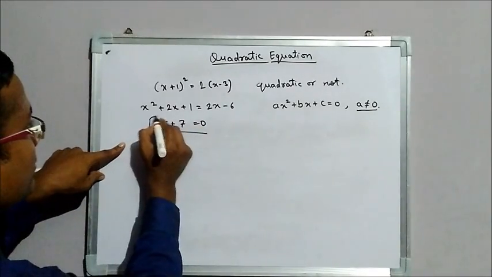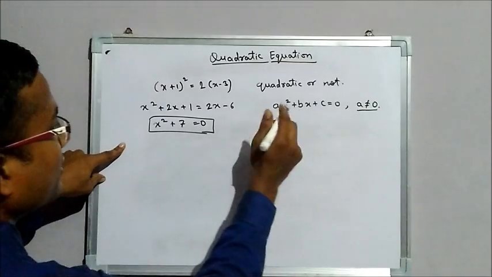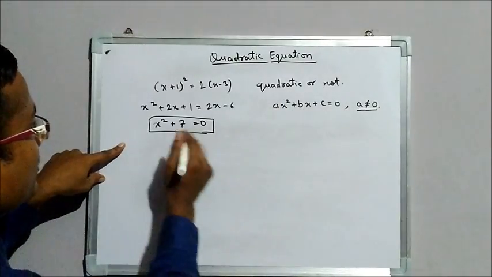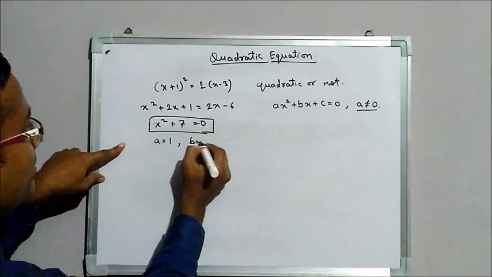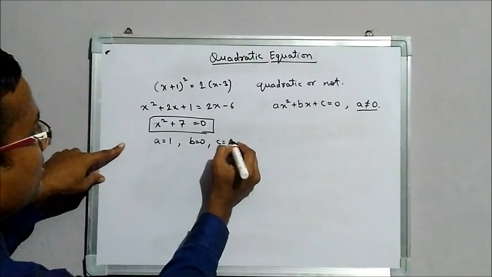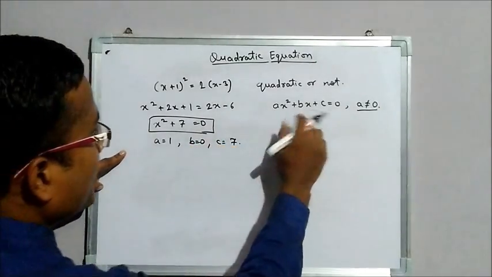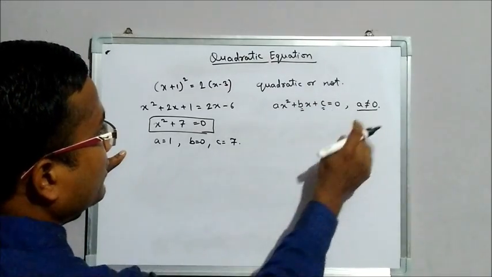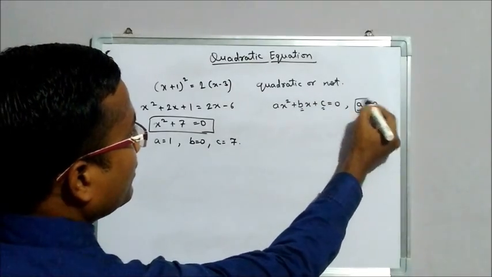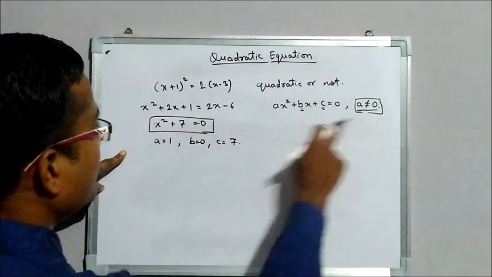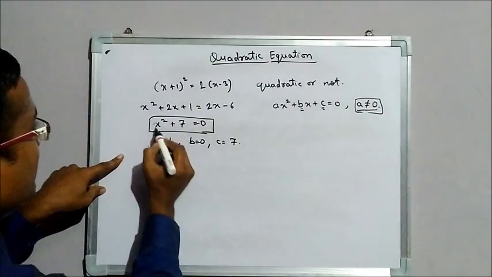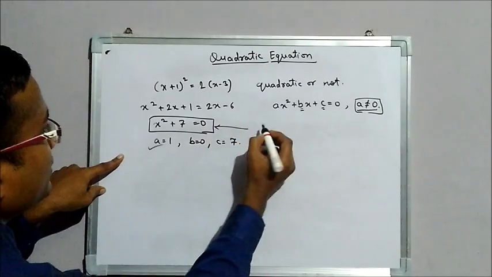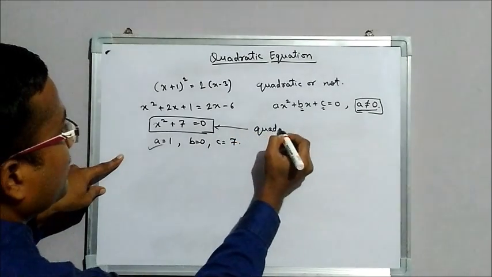Comparing this with the general form of a quadratic equation, here a = 1, b = 0, c = 7. There is no condition on b and c. There is only a condition on a, that a should not be equal to 0. Here a is equal to 1. Therefore this equation is a quadratic equation.